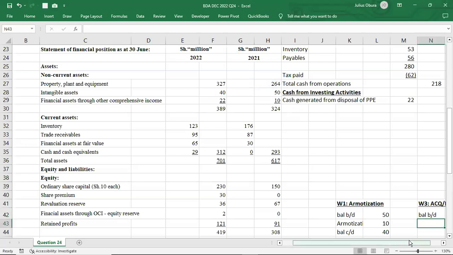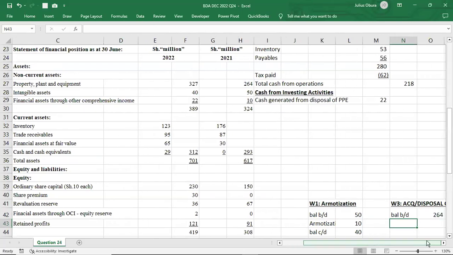Then from here, we look at what was disposed. We had a disposal during the year. When computing for this, we use the disposal at the net book value, not the cash that was generated during the disposal.